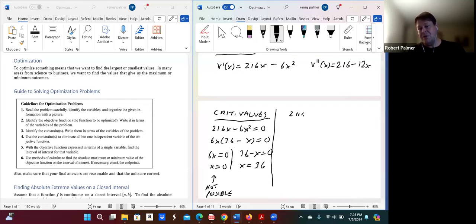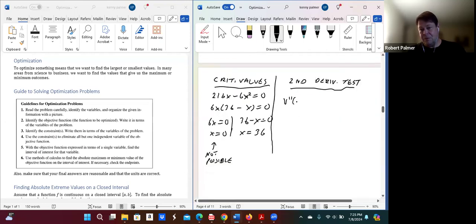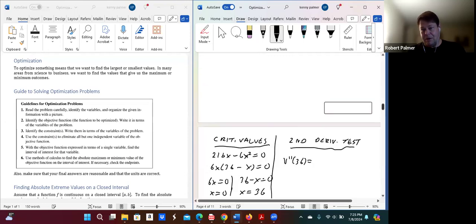Let's do our second derivative test over here, and it's probably easier to do this one. Remember the second derivative test: we're going to plug our critical value into our second derivative, and probably need our calculator for this.